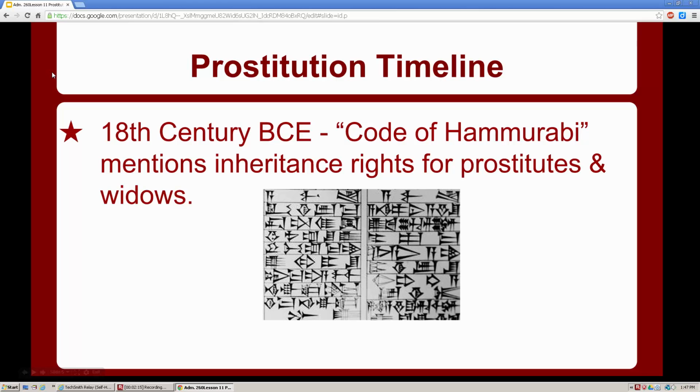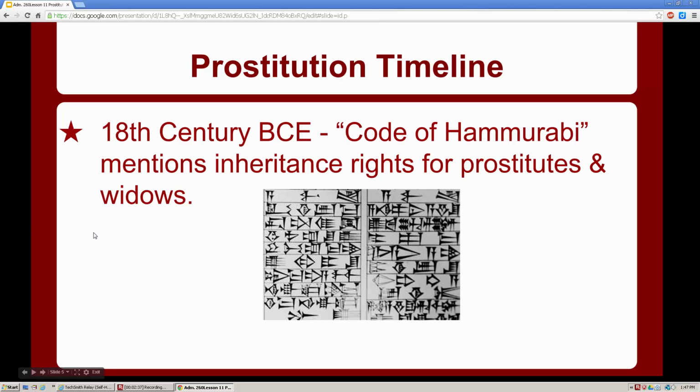Like I said before, in the 18th century before the Common Era, so almost 3,000 years ago, you had the Code of Hammurabi, a Babylonian ruler who wrote the first set of codified law on some clay tablets, which for the most part is this area in through here.